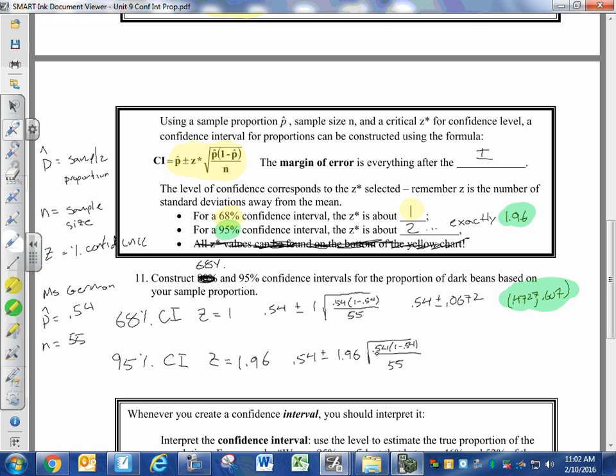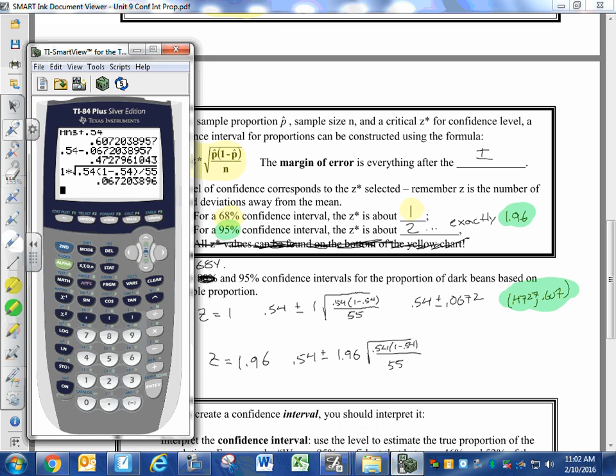If you have a newer operating system, it's pretty nice. You could actually write everything out: 0.54 plus 1.96 times the square root of 0.54 times 1 minus 0.54. Because of the square root, you don't have to worry about an extra set of parentheses.